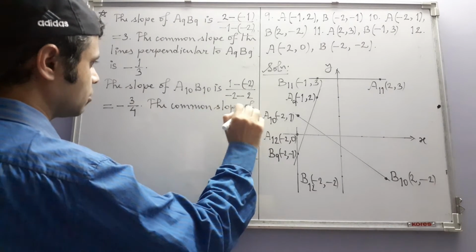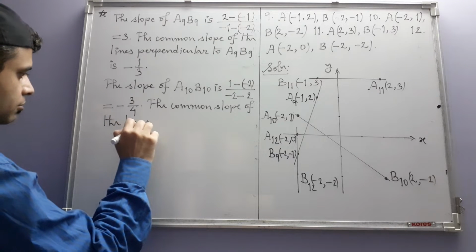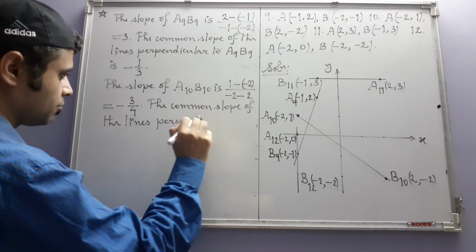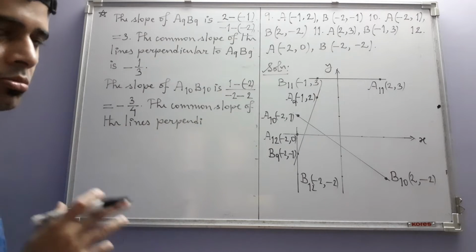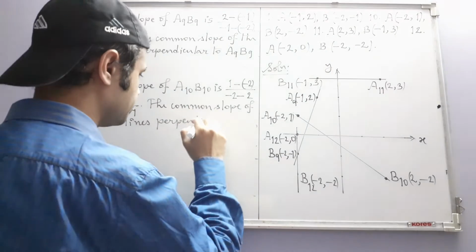The common slope of the lines perpendicular to A10 B10, please verify the numerical values. Okay, I am again repeating because there may be a mistake.